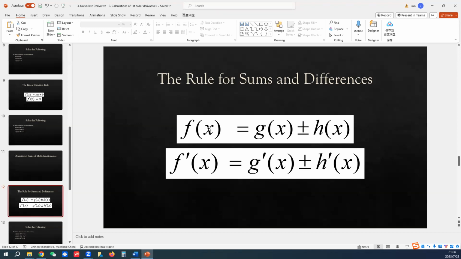Okay, so f(x) equals g(x) plus or minus h(x). Basically, plus and minus are actually the same thing, because minus can be viewed as plus a negative version, right? For instance, 1 minus 2 can be viewed as 1 plus negative 2, right? So plus and minus are basically the same thing.